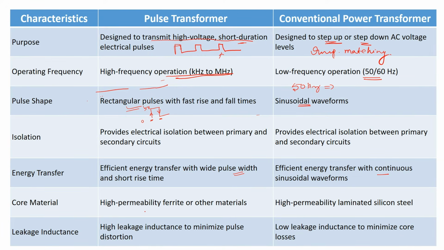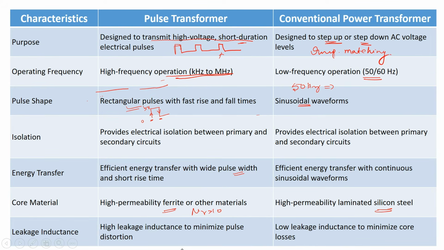For the core material, in pulse transformers we use ferrite materials or high permeability materials where mu r is greater than 10. Whereas in conventional transformers we use high permeability laminated silicon steel.